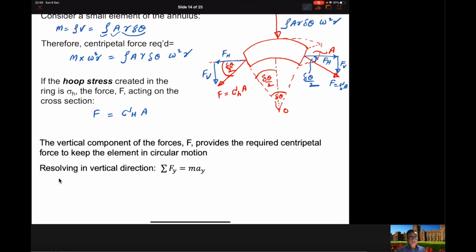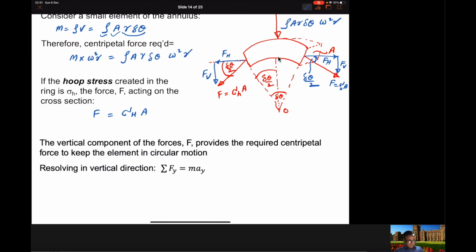So if we resolve these forces in the y direction using Newton's second law, we have two forces in the vertical direction, F v here and F v here. F v means the vertical component of this force, and then we have this centripetal force, which is also acting in the y direction.